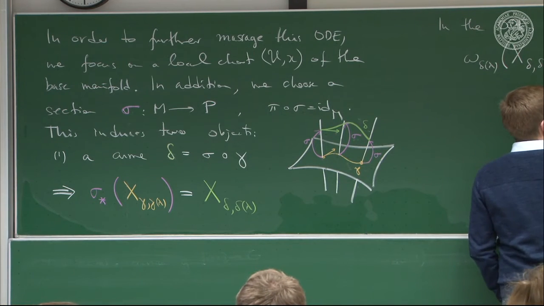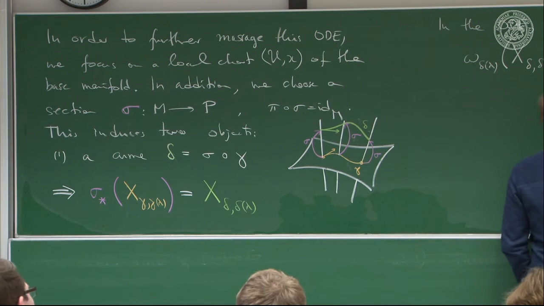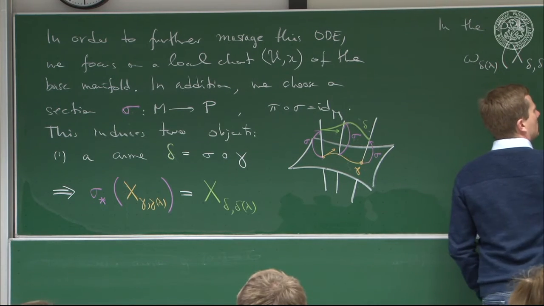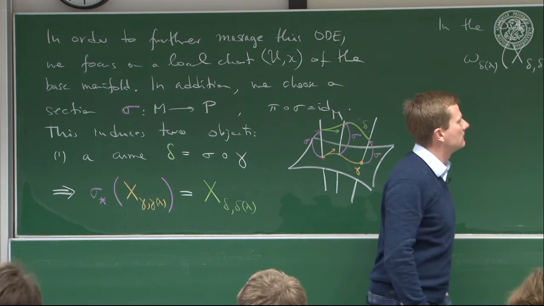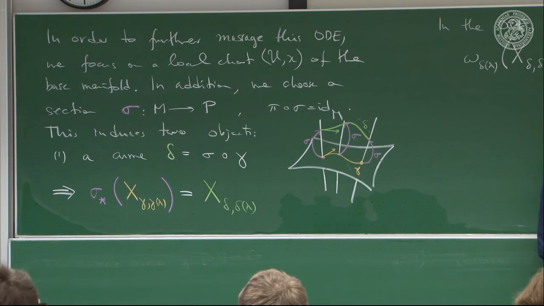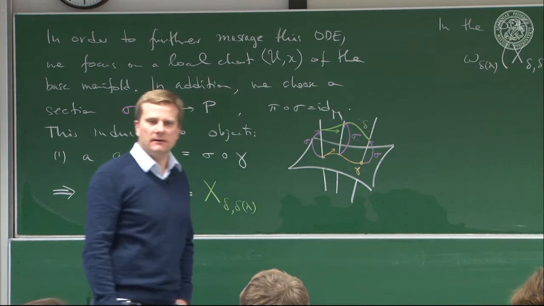This is exactly the definition of the pullback of the omega at the point gamma of lambda acting on this tangent vector gamma dot of lambda, by definition of the pullback, right?